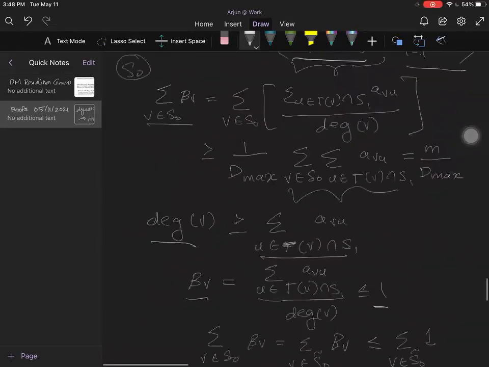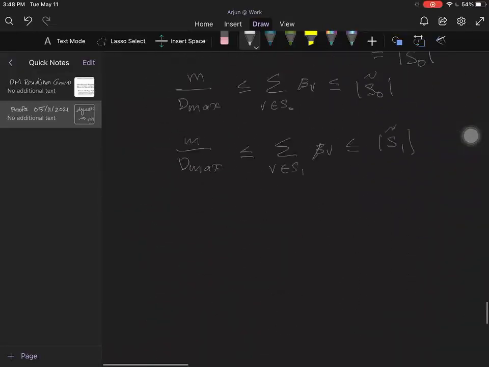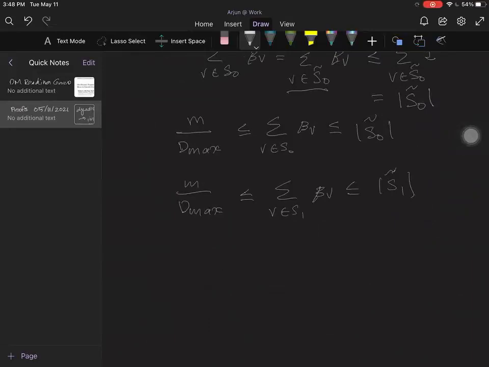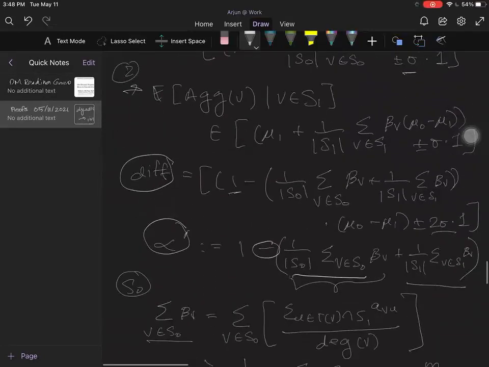Namely, because there is this subtraction here, we would need to swap the bounds in order for them to hold for alpha prime. So essentially here we see that alpha prime is going to be somewhere in between 1 minus, right, so we have these divisors here, S0, S1.